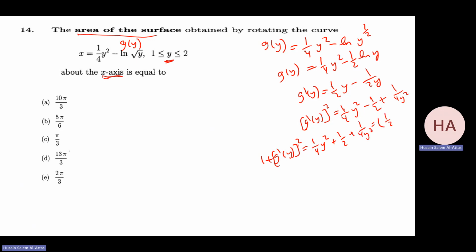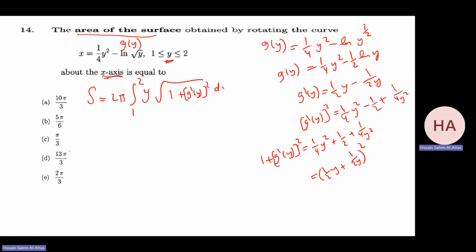And that is 1 over 2y plus 1 over 2y, all squared. If I write it here, that will be half y plus 1 over 2y, all squared, which will work with the integral right away. Okay, so S will be 2 pi y from 1 to 2, y square root of 1 plus g prime of y squared dy.